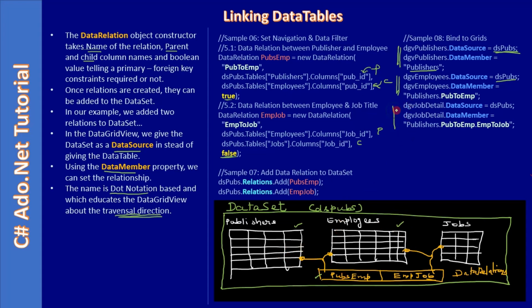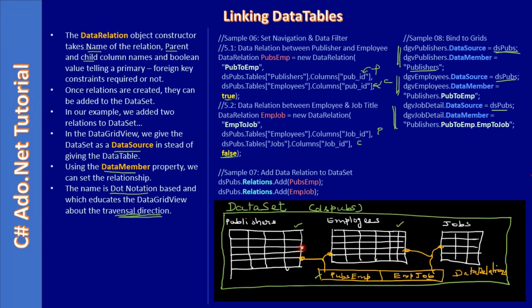And in the third, once again we specified the dataset name and data member: publisher dot pubs to emp, then we came to the employee's child, dot emp to job, right? So we gave all three, and the final one here is emp to job. So the target is job, so job will be populated here in the third, and there is a relation also.